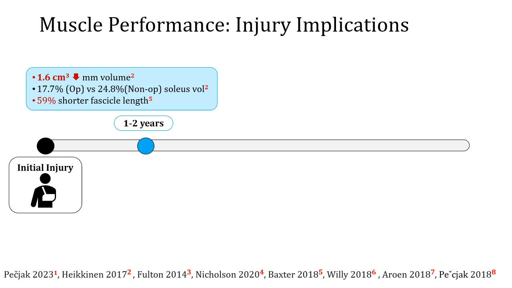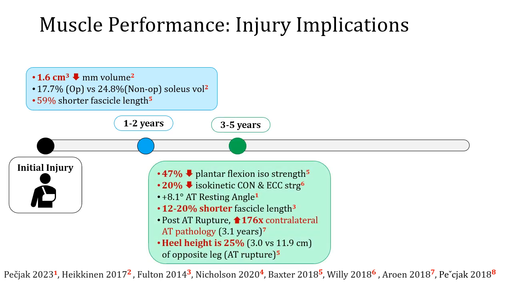If you're not familiar with what percentage 1.6 centimeters cubed is, at least that gives you a percentage there. You have architectural changes with 59% shorter fascicle lengths. Still at 3 to 5 years, you're looking at 47% decrease in plantar flexion isometric strength at times, greater than 20% isokinetic, concentric and eccentric strength.